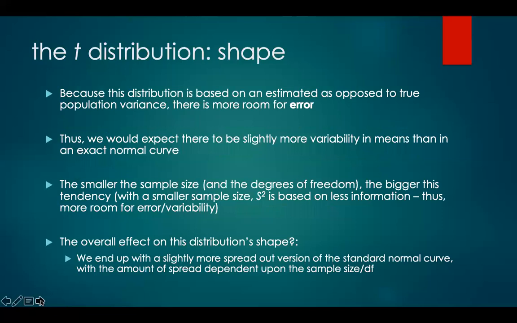Now, because this distribution is based on an estimated as opposed to true population variance, there is more room for error. Thus, we would expect there to be slightly more variability in means than in an exact normal curve. And the smaller the sample size and the degrees of freedom, the bigger this tendency is. So with a smaller sample size, s squared is based on less information, thus there's more room for error and variability.